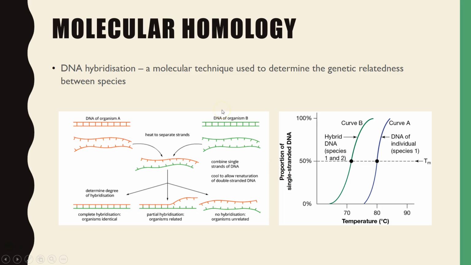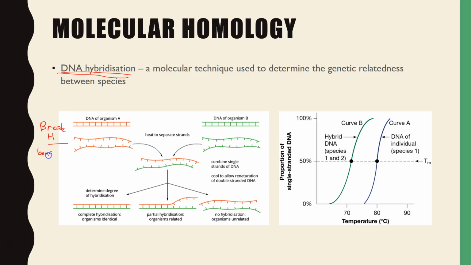Another technique we can use to work out molecular relatedness is called DNA hybridization. So in this process, we're looking at the genetic relatedness of the species based on DNA. So what's done in this process is two different separate species are used, and we have DNA of organism A and DNA of organism B. We heat those strands to break them apart. So when we heat them, it will break the hydrogen bonds between the two strands.